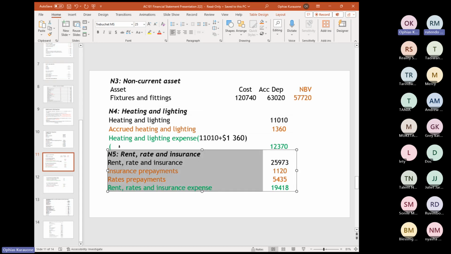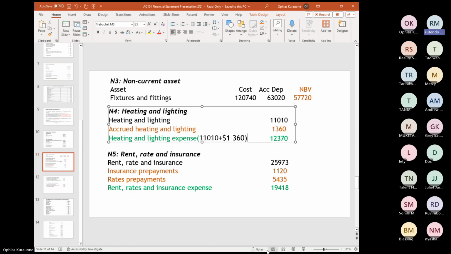So the matching concept says if you have not paid, you should cater for it. If we add this one plus this one, we get 1,370.